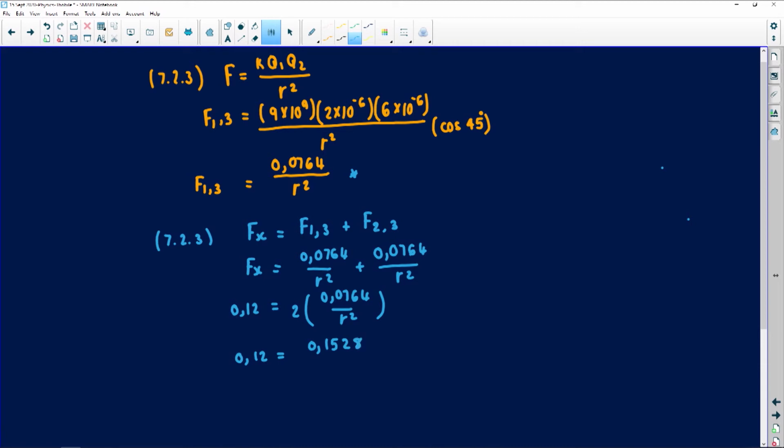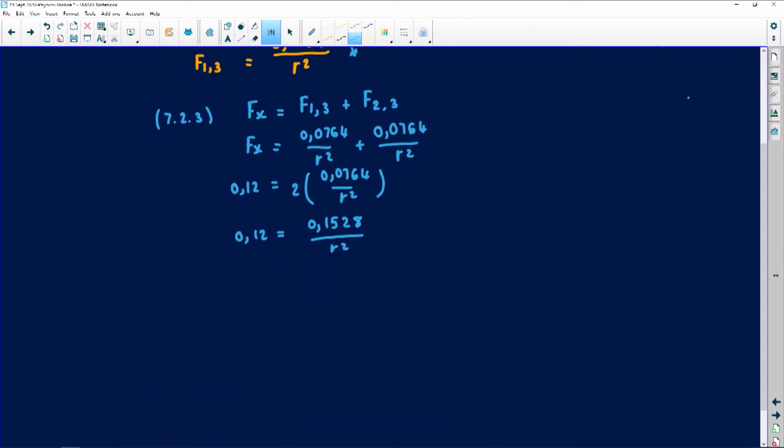Let's round it off. And I'm going to have r squared. Now I must just cross multiply. Now it's just mathematics. I'm going to put this over 1, multiply this by 1, multiply that by r squared. On this side, I'm going to have 0.1528. So I'm going to have 0.12 multiplied by r squared gives me 0.12 r squared.